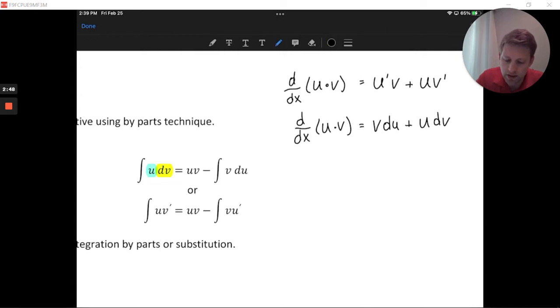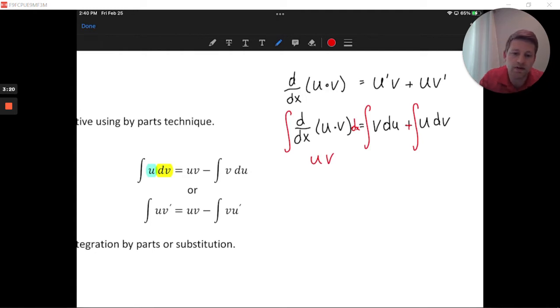If we consider taking an integral of both sides, there are really three integrals if we want to piece these out, because we're just taking a sum. We can consider that the integral of a derivative dx is just going to become the u times v product.